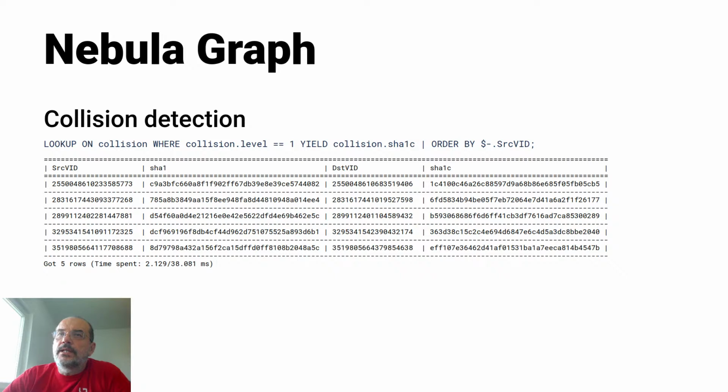Because of the indexes existing in Nebula Graph, we are able to look up collisions and get a collision list directly from the graph database using a where condition over the collision edge. So it is actually a small trick for how to query and get all the collisions in a system.